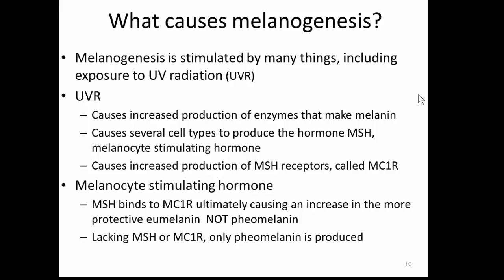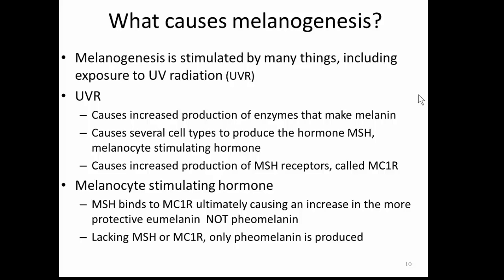And so when a melanocyte is exposed to UV radiation, it produces more receptors for the melanocyte stimulating hormone. So I want to talk a little bit more about that hormone. So MSH binds to the MC1R receptor. And when this happens, ultimately it causes an increase in the more protective type of melanin, which is the eumelanin.